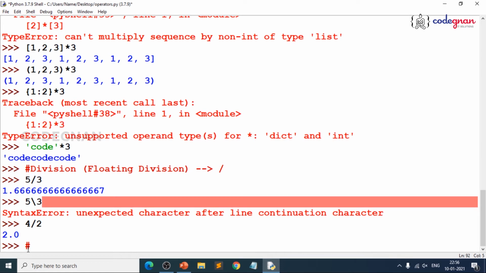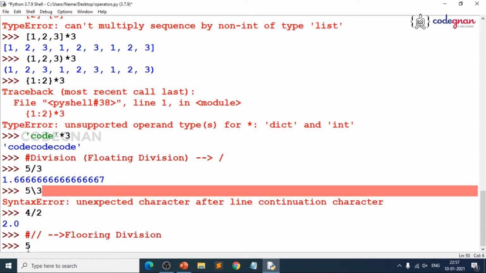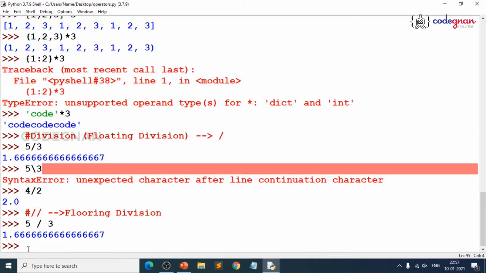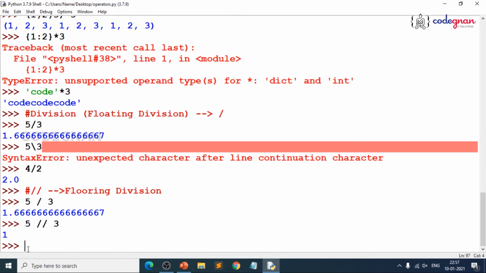But the next thing is double slash, which is generally called flooring division. Suppose 5 by 3, where 5 is the dividend and 3 is the divisor, right? If you give it like this, you get 1.66 as your value, because it is a float value. But if you go for 5 double slash 3, the divisor is 3, you get the quotient as 1, since 3 ones are 3.